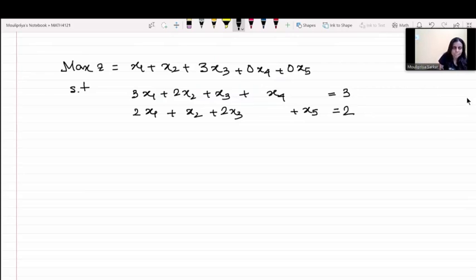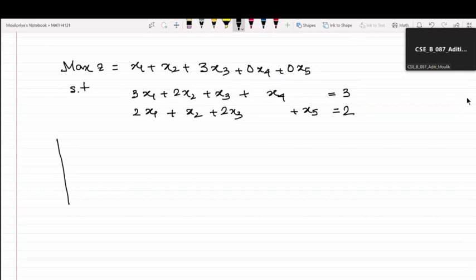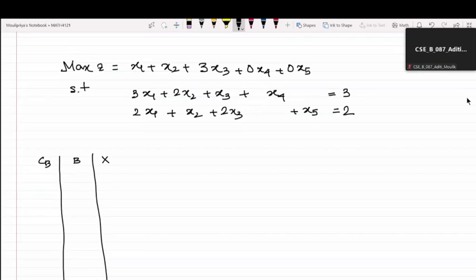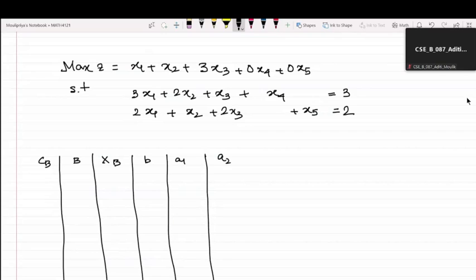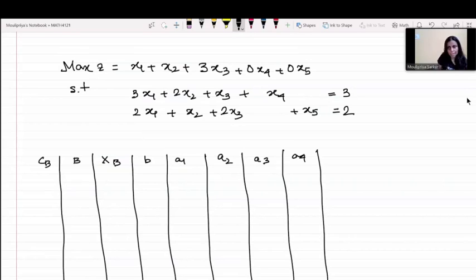What do we have in the columns? CB, XB, b, A1, A2, A3, A4, A5.